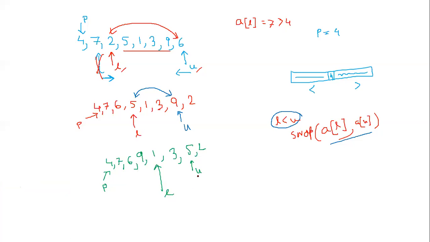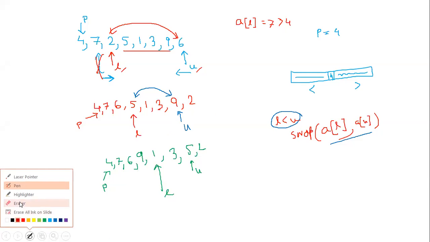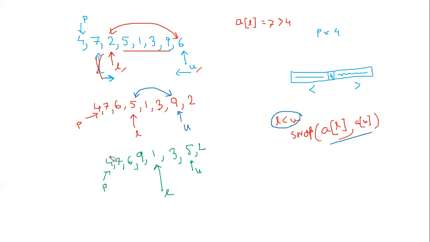And what will happen for U? You see, this is greater than, and this one is greater than, just a minute. I had a mistake actually. I'm sorry. Yes, the 5 is greater than 4.